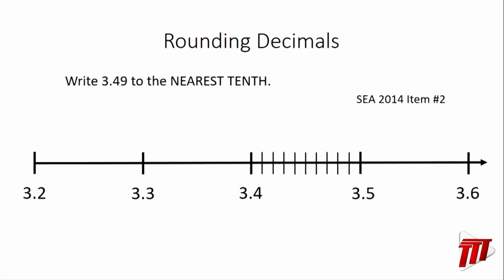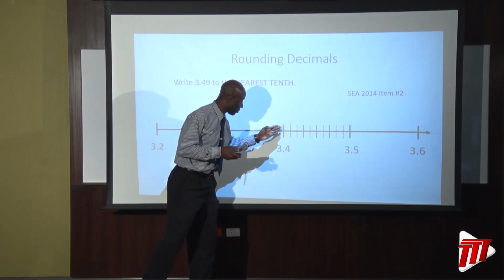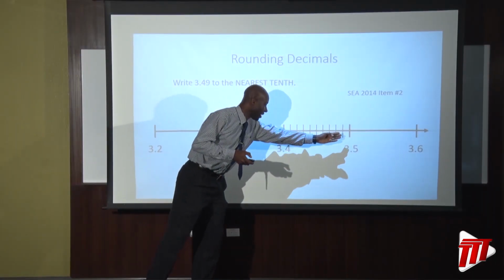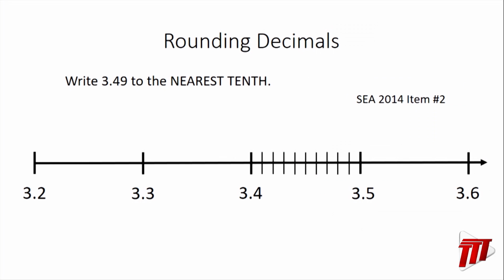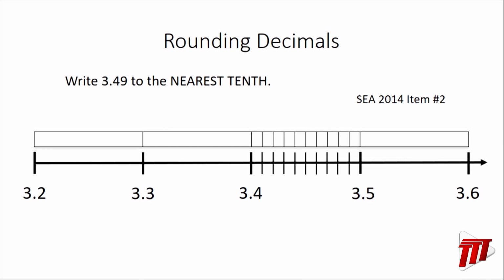I am going to divide the distance between 3 and 4/10 and 3 and 5/10 into 10 equal parts. Remember, from 3 and 4/10 to 3 and 5/10, that is 1/10. And if I divide 1/10 into 10 equal parts, each part is going to represent 1/100, because 10 hundredths make 1/10. So where are we going to find 3 and 49/100?